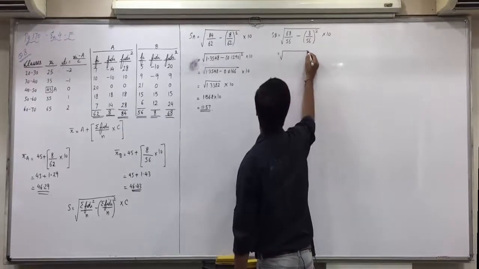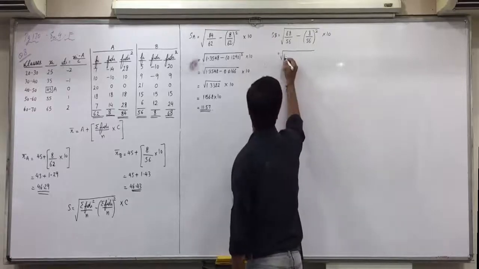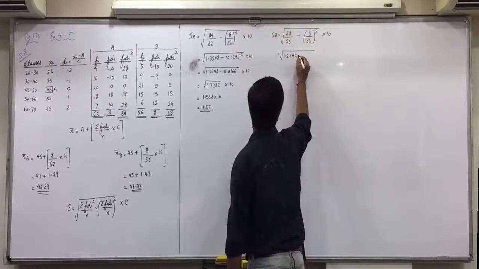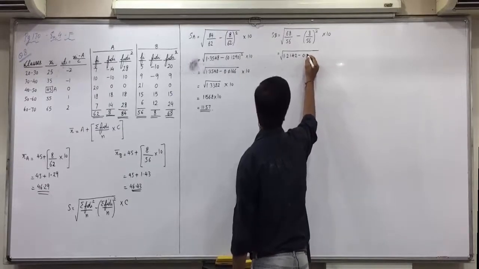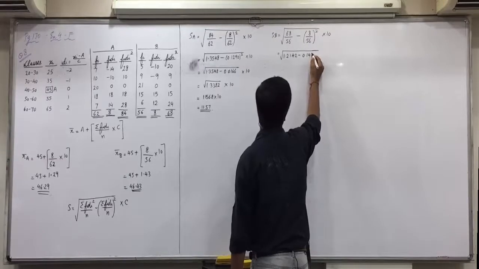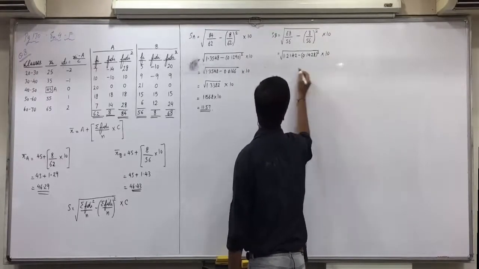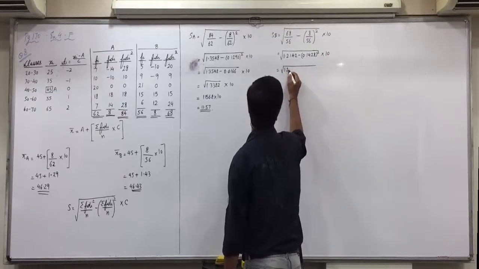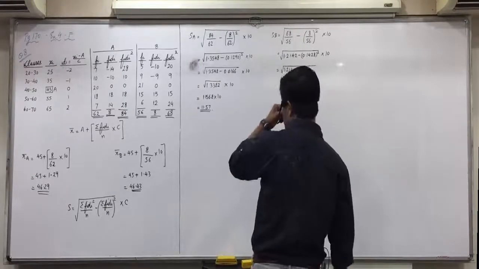So square root of, now 68 upon 56, 1.2142, minus 8 upon 56, 0.1428, whole square into 10.